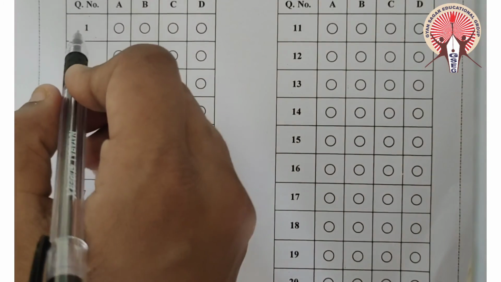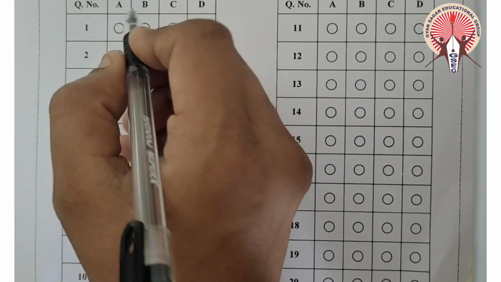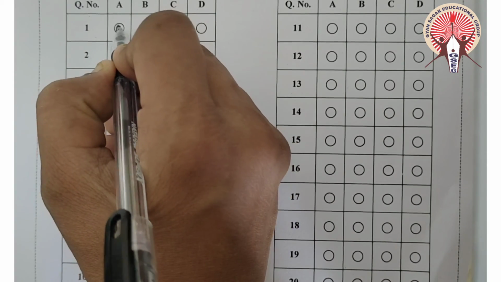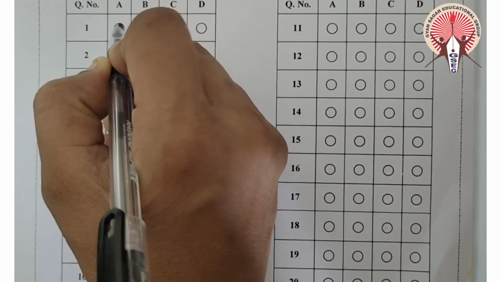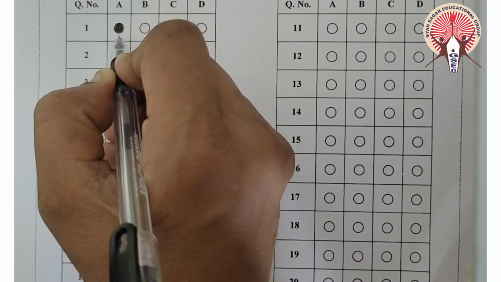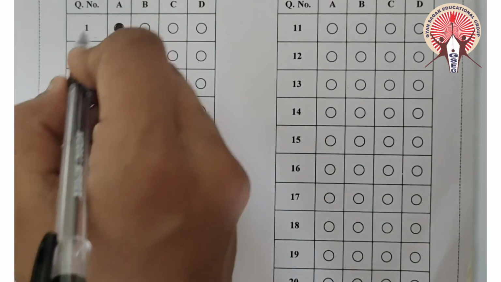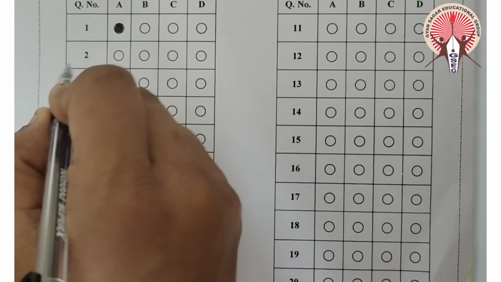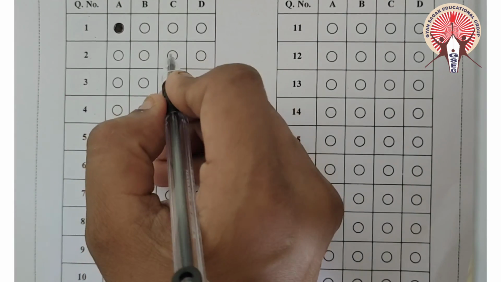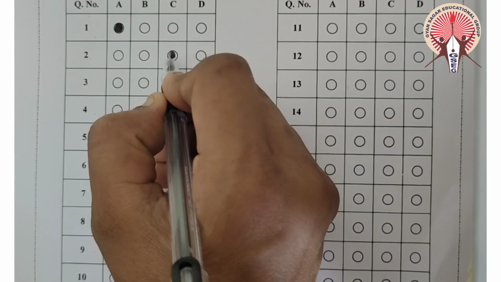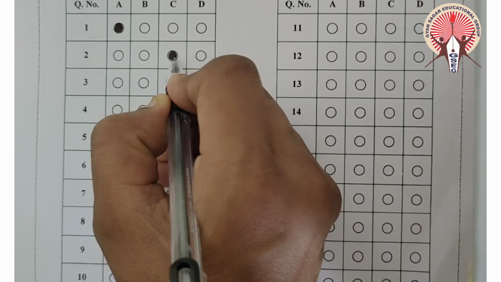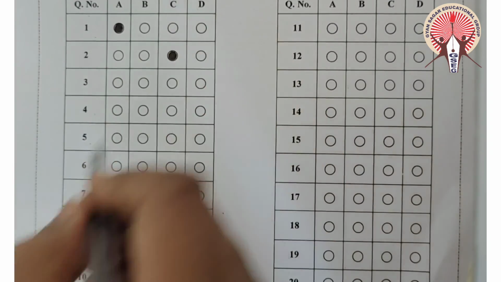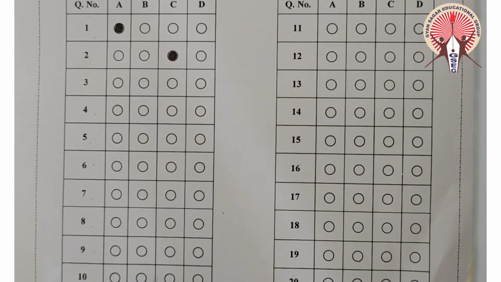For question number 1, if the correct option is A, you have to darken this bubble completely and properly. Then suppose for question number 2 the correct answer is C, then you have to darken this circle. This way you have to attempt all 20 questions.